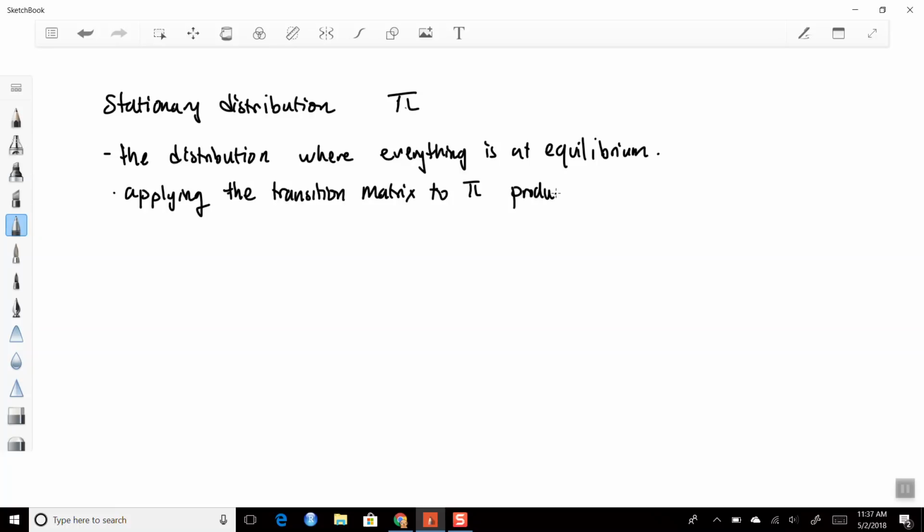So pi times our transition matrix P is equal to pi. Again, pi is a row vector representing the distribution across the states.